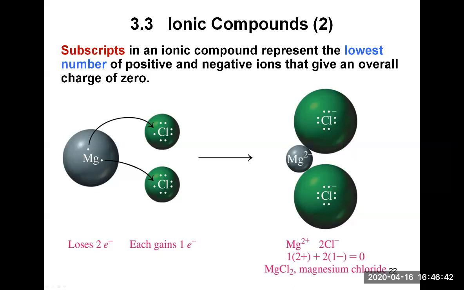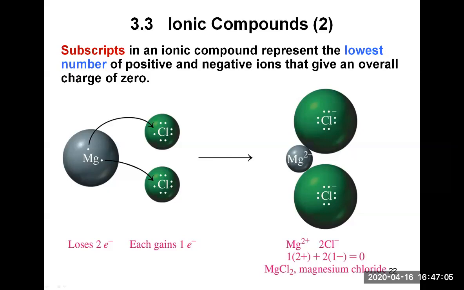And so that's how we find the formula for magnesium chloride, by seeing that we need 2 chlorines for 1 magnesium. And so the formula is always written by writing the positive ion first, the metal first, so magnesium first, and then chlorine.